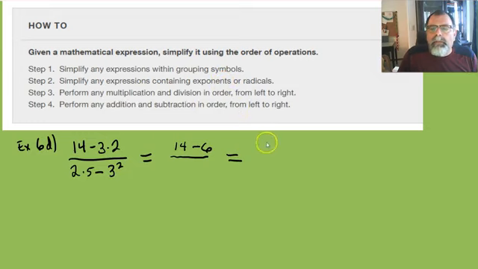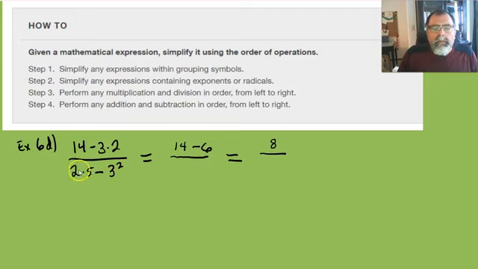So 14 minus 6 is, what is that? 8. Okay, now on the bottom.